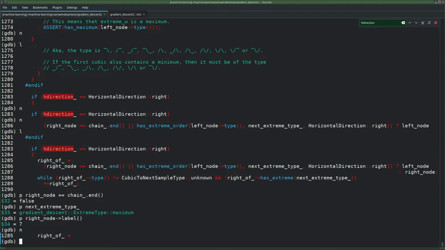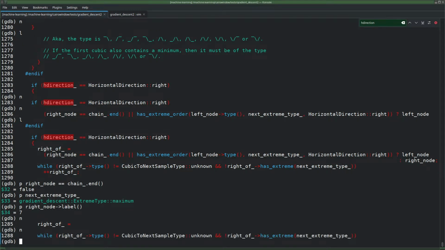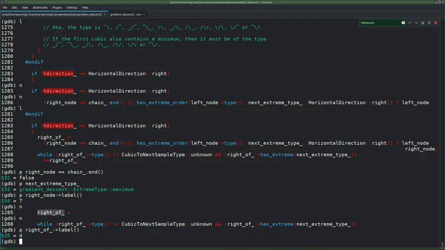Anyway, I'm going to do next. For some reason we get to see that line again. Again next. So now right off must be 7. And it's 4.